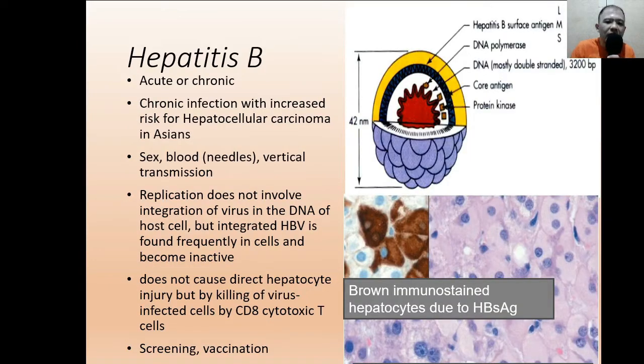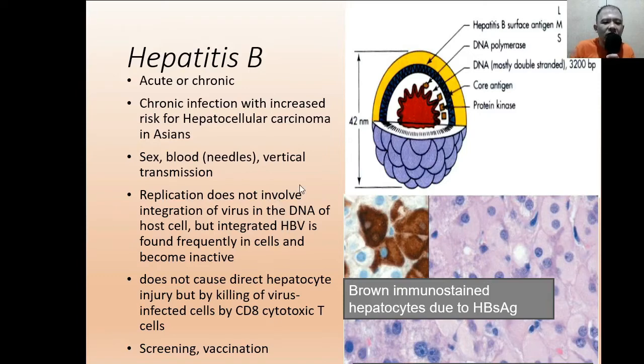For the hepatitis B virus or hepatitis B disease, it's transmitted mainly through sexual means. It can also be through infected needles and vertical transmission. Replication of the virus inside the cell does not involve the DNA.